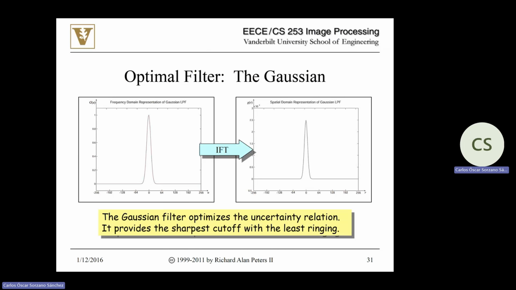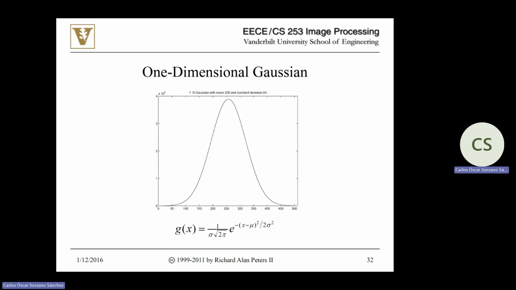The Gaussian filter has a maximum value at the origin, at zero frequency, and then it decays following the Gaussian. When you do the inverse Fourier transform, it is another Gaussian of different sigma. So this is some sigma in Fourier space, and this is some sigma in real space. The two sigmas are related.